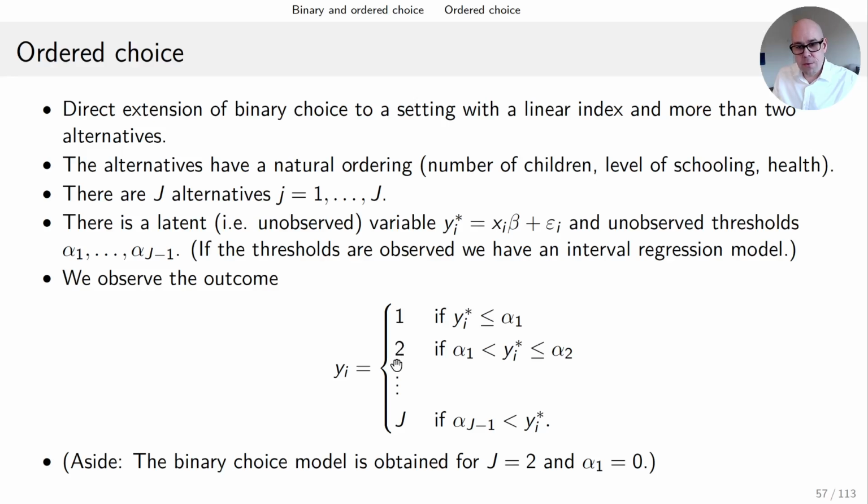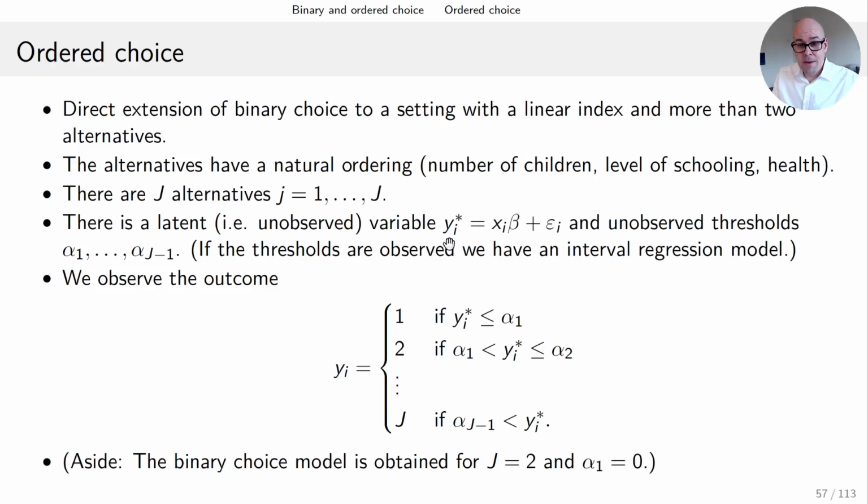It is coded as a 2 if it is between 20,000 euros and 24,999 euros. In that case, you actually do know these alphas, but you do not observe the actual income, but you observe in which interval income is.